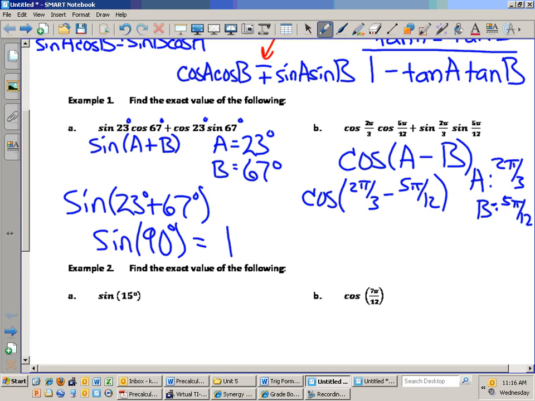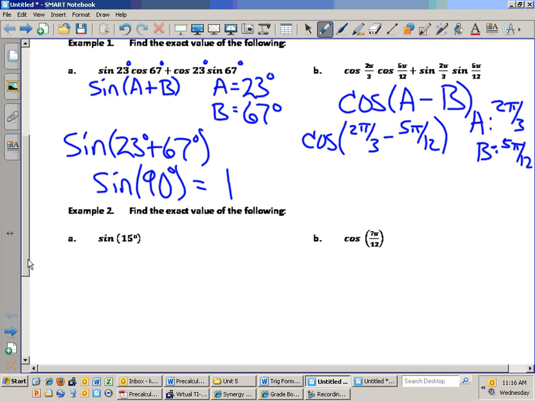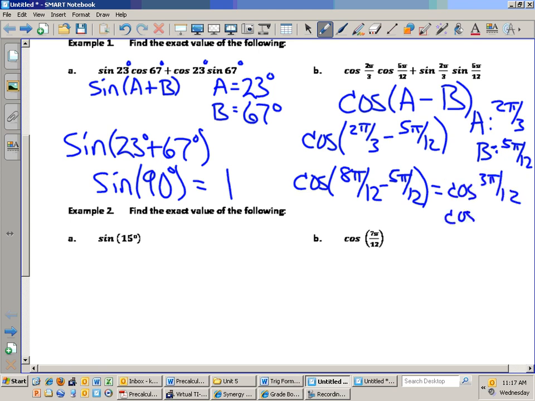So I have to subtract those. Common denominators would be 12, so cosine of 8 pi over 12 minus 5 pi over 12 is equal to the cosine of 3 pi over 12, which is the cosine of pi over 4, which is square root of 2 over 2. Very good.